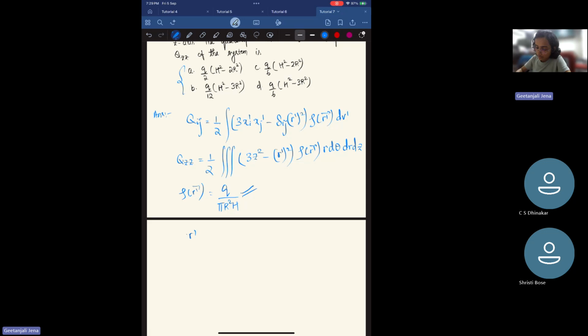Now r prime squared is the location of the charge element. You can write it as x squared plus y squared plus z squared, right? And x squared plus y squared is nothing but r squared in the cylindrical coordinates, so r squared plus z squared.